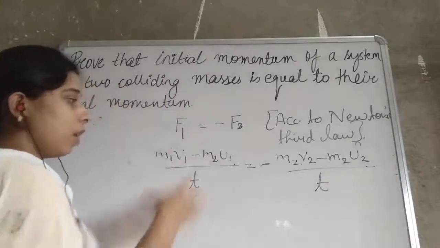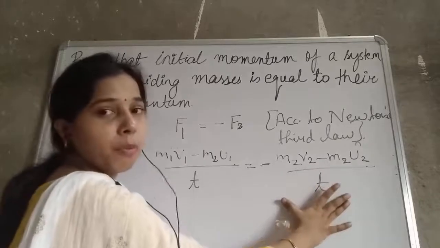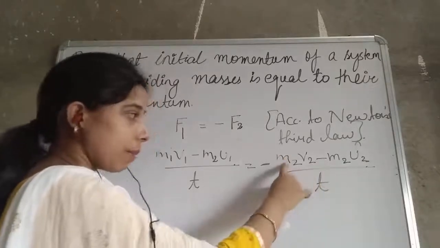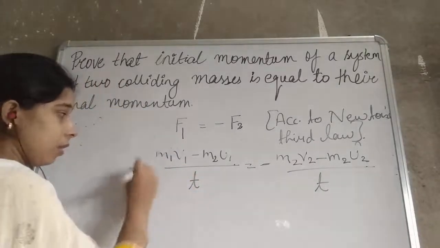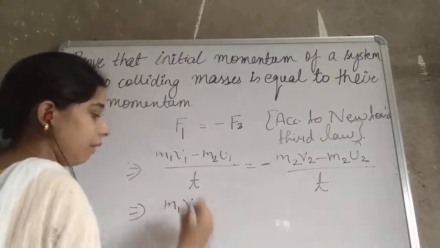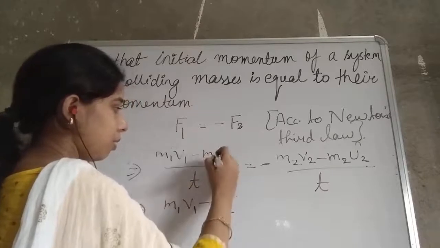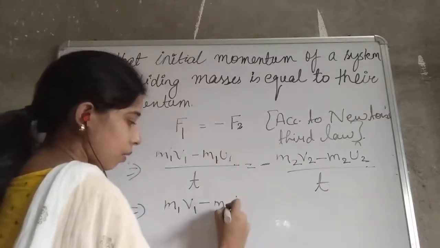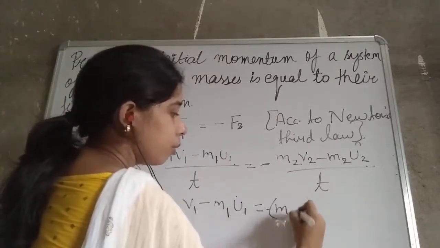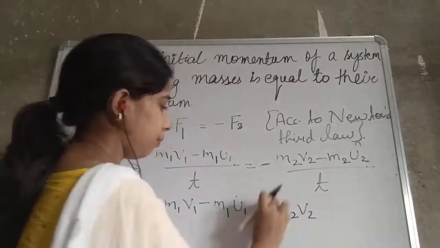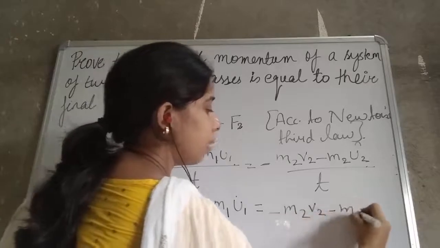So this one is the rate of change of momentum of body A, and here the rate of change of momentum of body B. That's why the mass is m2 here and mass m1 there. Now t will cancel each other. So here it will become m1 v1 minus m1 u1 equals minus m2 v2 minus m2 u2.